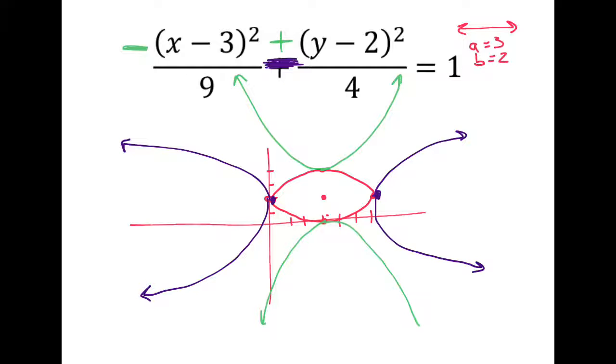Interesting. So on my ellipse, my two foci would be somewhere in there, aligned with the major axis. On the hyperbola, just like the parabola, just like the ellipse, the foci are going to be inside that curve.